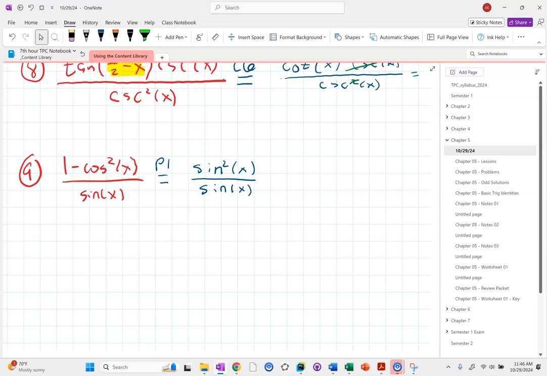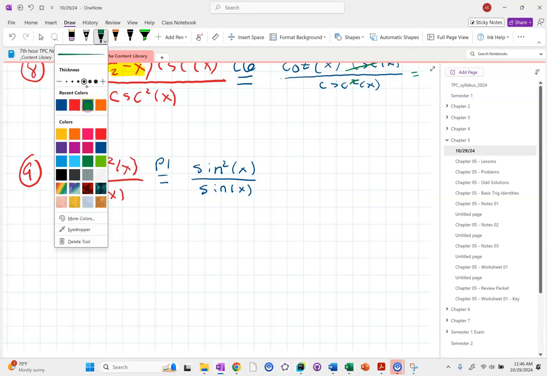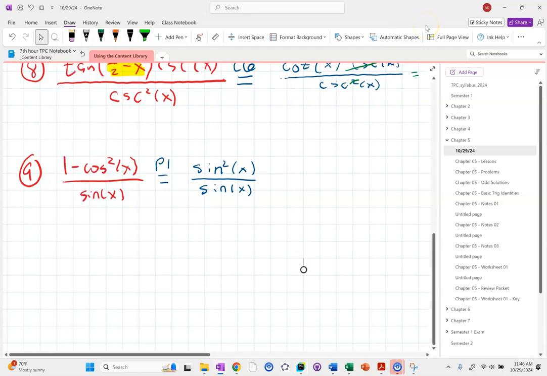Okay, next person, my next volunteer is Ethan. What are we going to do next, Ethan? Algebra or identity? Identity, probably not. Algebra. What algebra thing can we do here?